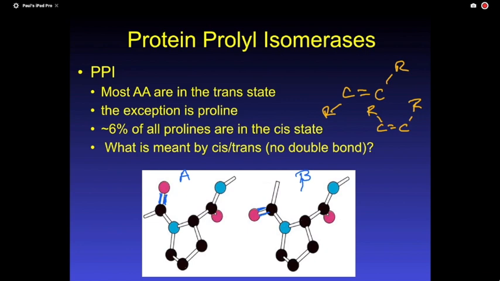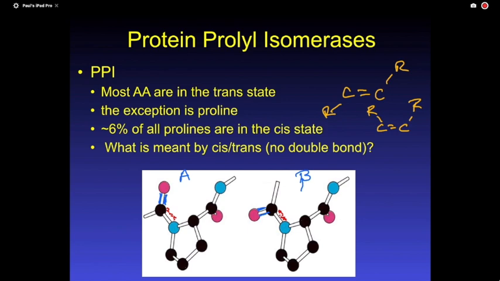And so the bond right here has a double bond character because it is resonating with the carbonyl. So much so that, remember, it doesn't twist around there. There is no angle, okay?